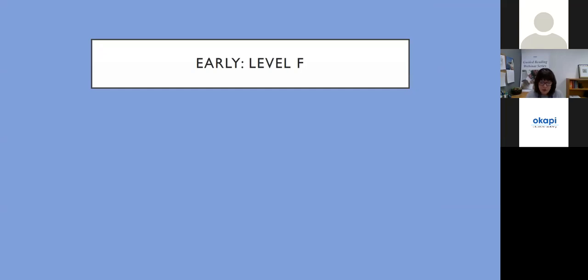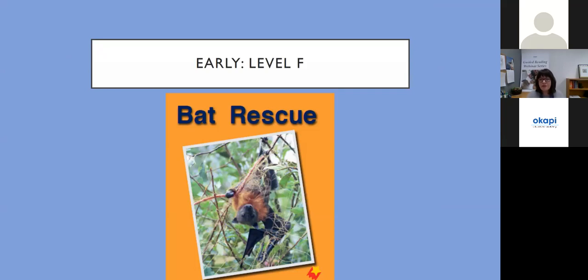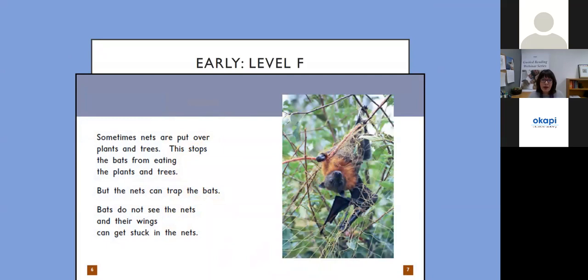You move on up into early, and one of the things we begin to see here, for example in the book Bat Rescue, is that up until about level F, most of the time when a new sentence begins, the print comes back to the left and begins. But what you start to see here is that the sentences continue.